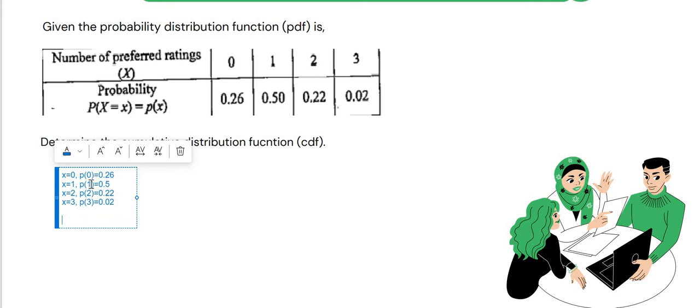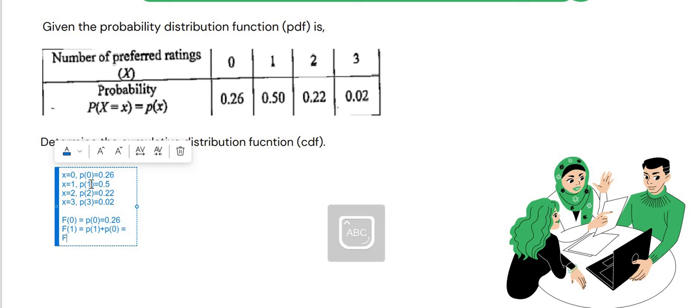So F0 is equal to P0, so it's 0.26. F1 is equal to P0 plus P1, or P1 plus P0.